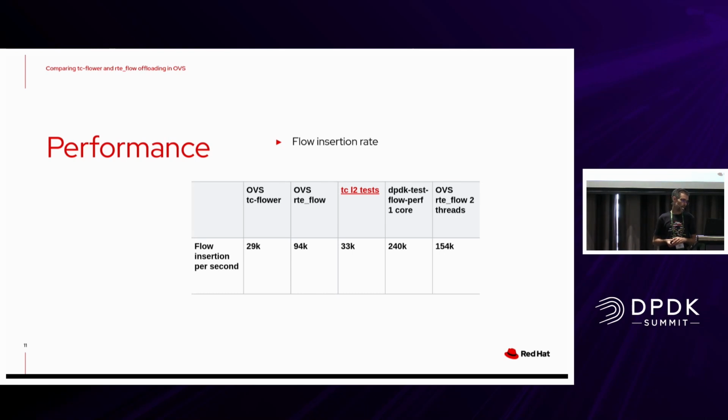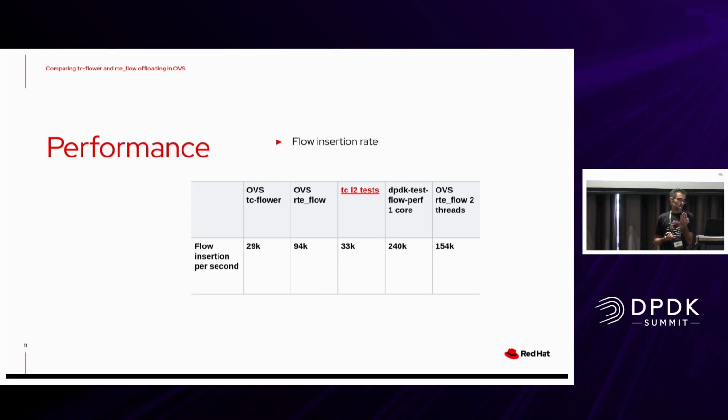RTE flow is going to almost 100K. And I put two other numbers here: the TC L2 test is just a reference without OVS. It's using TC-Flower without OVS. So you see that it's not really OVS that is limiting the rate of insertion in the hardware here.